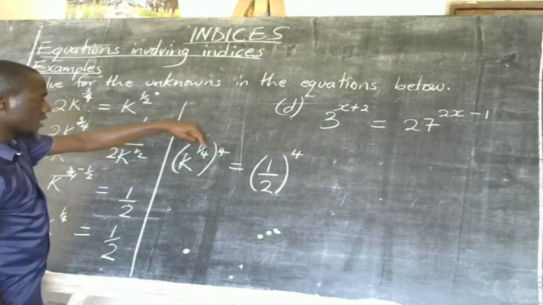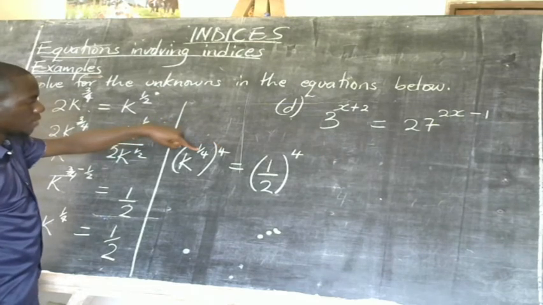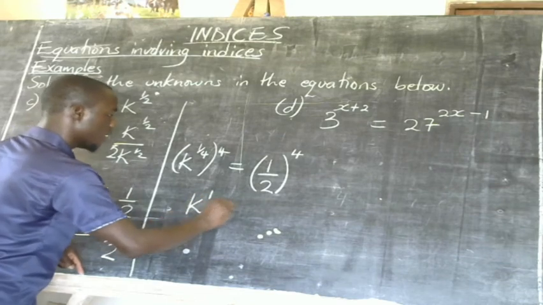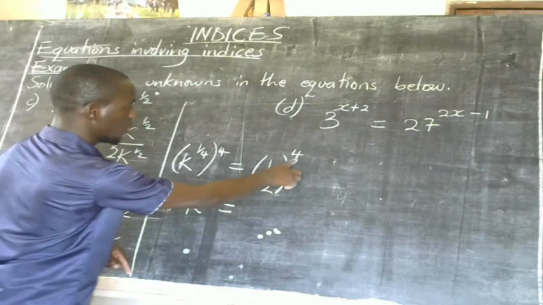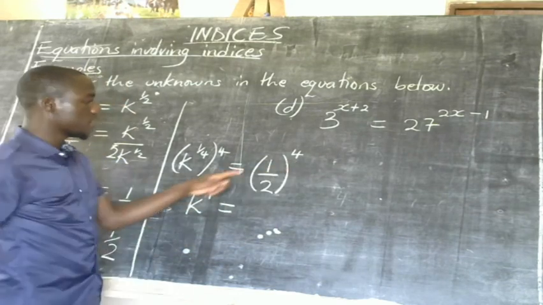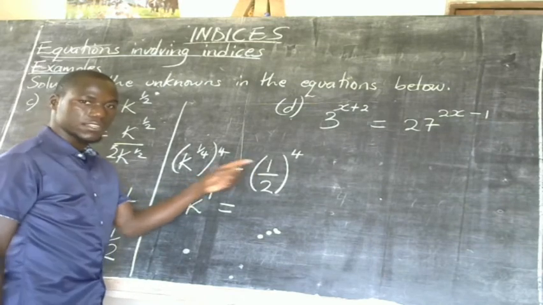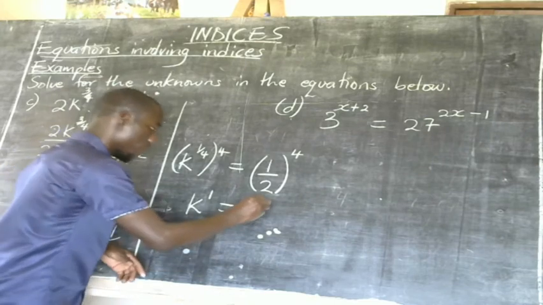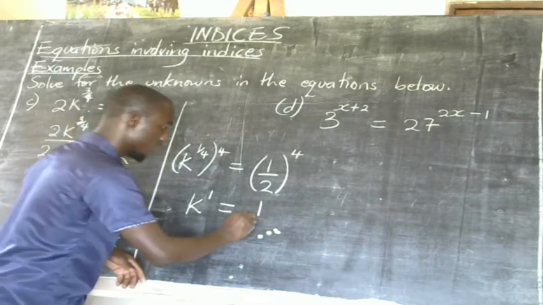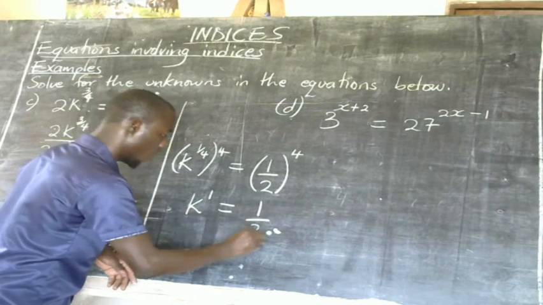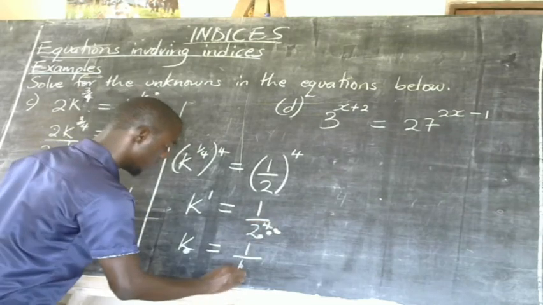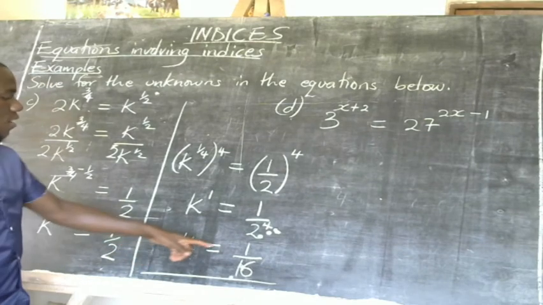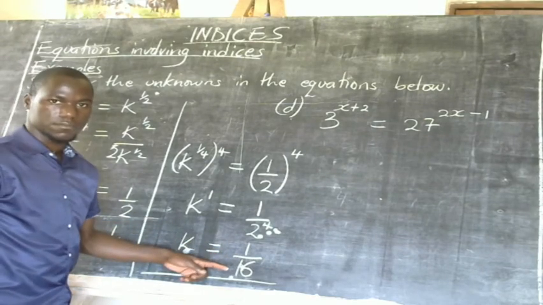When I open the bracket here, the 4 is going to multiply the a quarter such that you have k power 1, and this one is equal to, in index, when you remove the bracket, these bases in the numerator and the denominator, they will all take up that power of 4, but 1 raised to 4 is 1, and 2 raised to 4 is 16. Therefore I have my k as 1 all over 16.